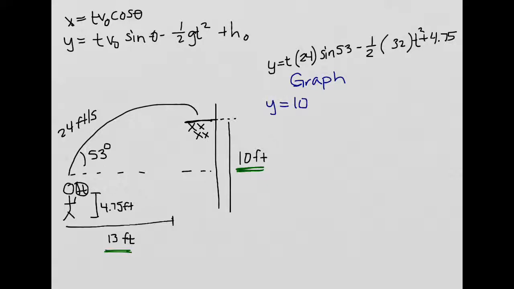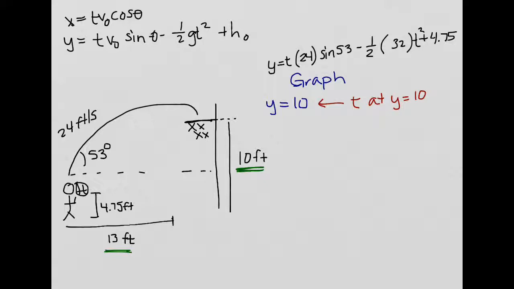Why am I choosing y equals 10? Because that's where this ball hits the vertical distance, right? I want to know t at y equals 10. What I want to know is at what time this ball gets high enough to reach that distance. And so to do that, I need to make it y equals 10.